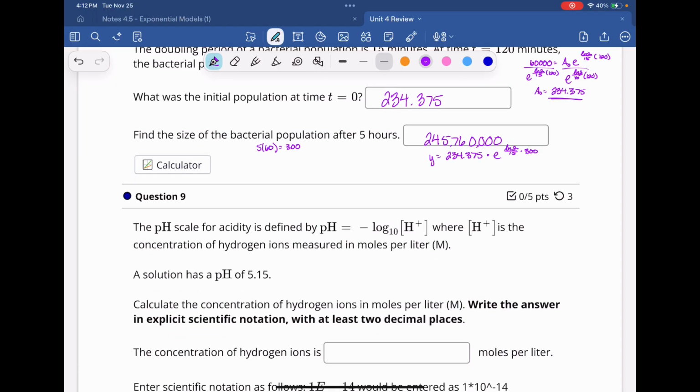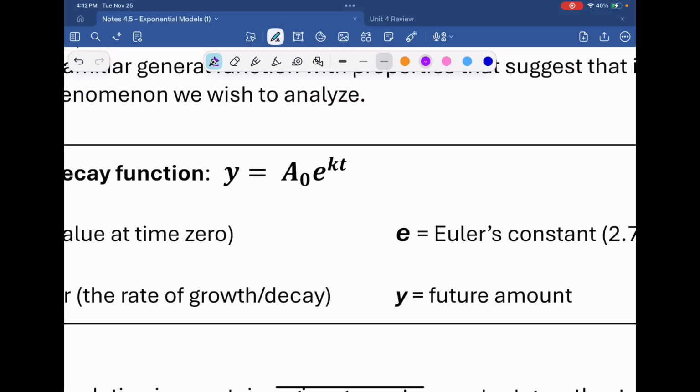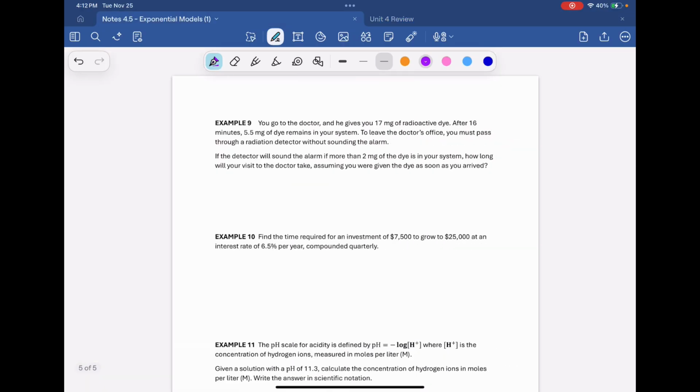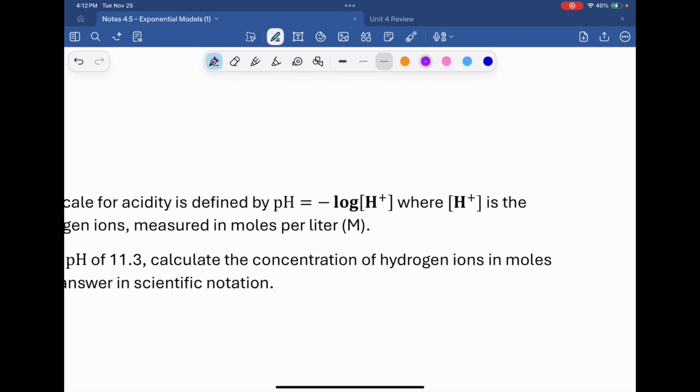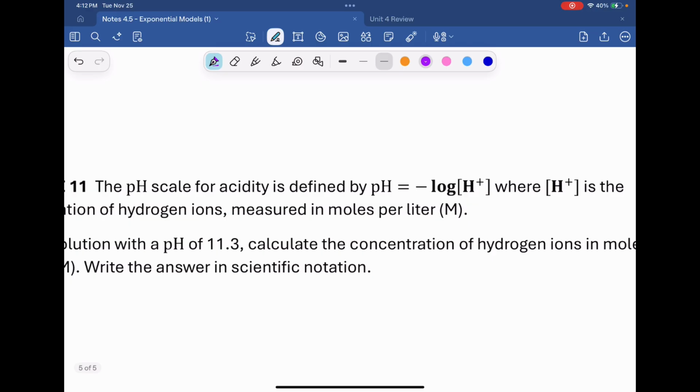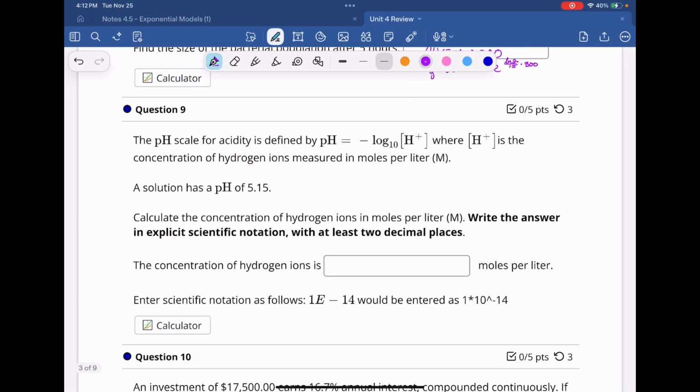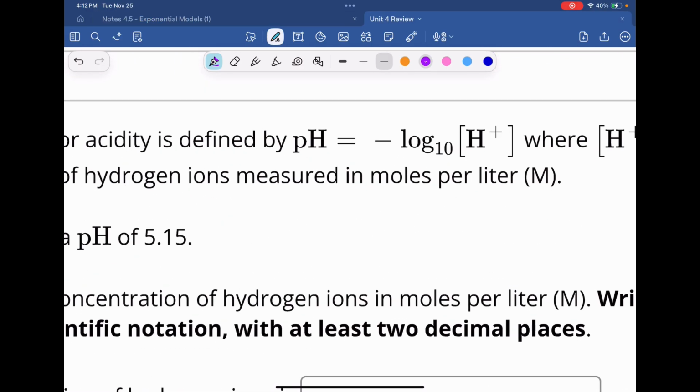All right, another pH problem, and that's going to go with your 4.5 notes, which was here. All right, so pH is 5.15. So I'm going to divide by that -1.